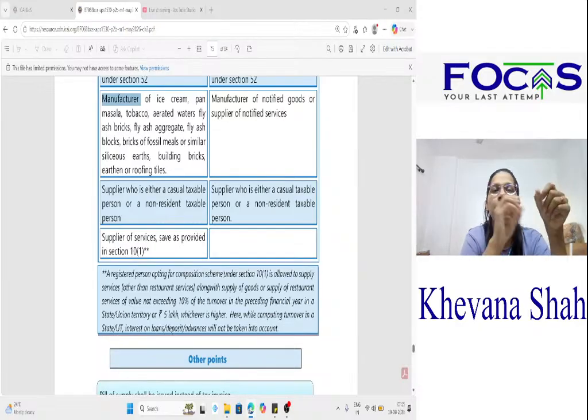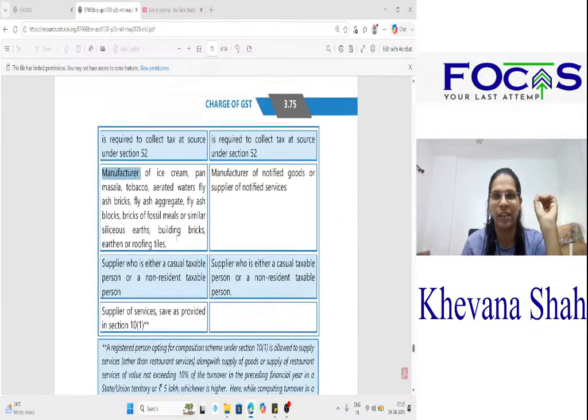But remember, it is only interest. So, any processing fees or any other charges except interest on loans, deposits or advances, that amount will be calculated when you are computing your turnover for a state or a union territory.